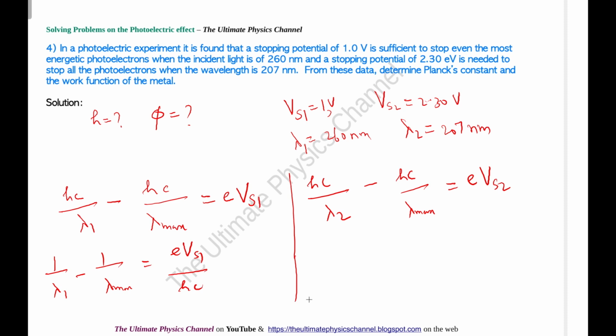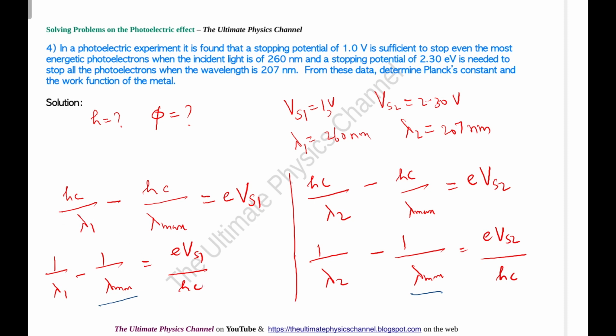Similarly, for the second case, we get 1 over lambda 2 minus 1 over lambda max is equal to e V S 2 over hc. This one, 1 over lambda max, we can eliminate from these two equations, by taking it to one side and bringing the other thing to the other side, and then they will both be equal to 1 over lambda max.